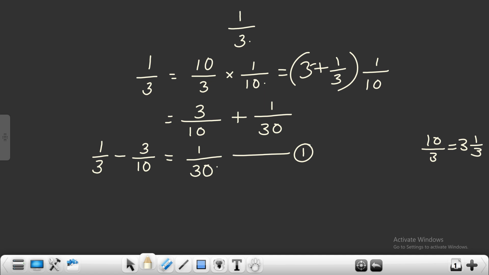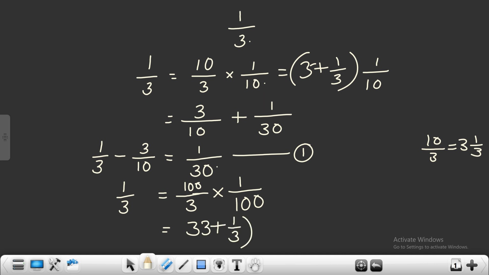As in the above, multiply 1 by 3 by 100. 1 by 3 is equal to 100 by 3 into 1 by 100. Convert 100 by 3 into mixed fraction. 100 by 3 means what? 33 1 by 3 into 1 by 100.